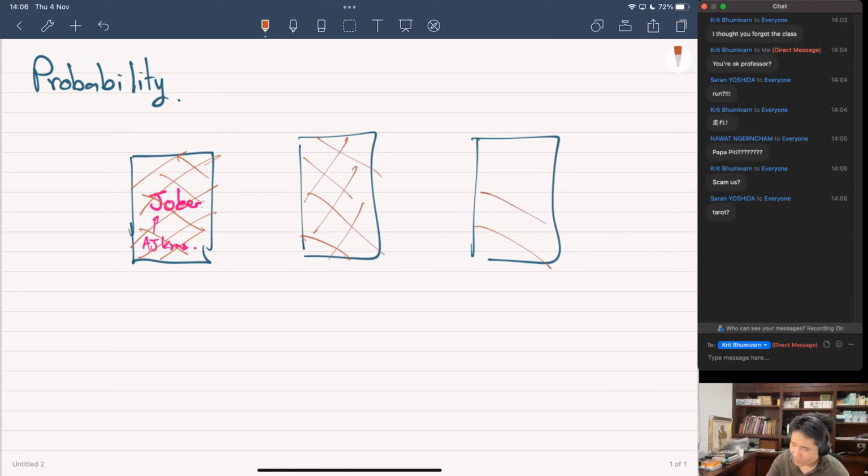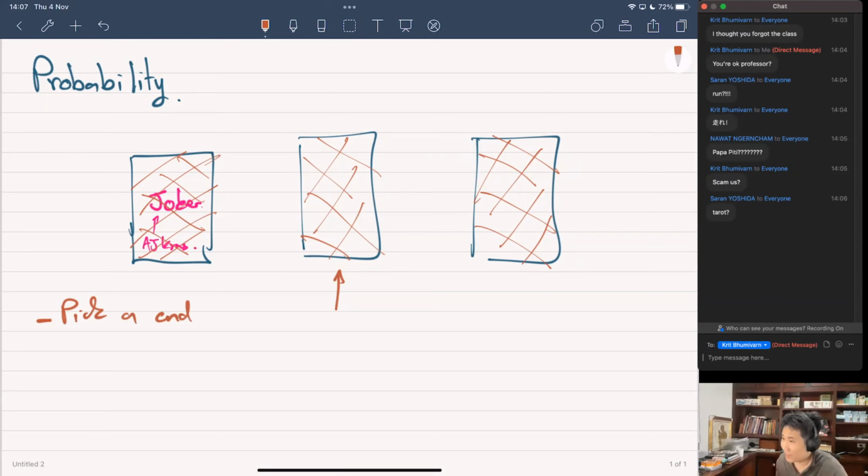And then they ask you, which one is the joker? Of course, you're gonna pick one, right? You could pick the joker right away, or you could pick a non-joker. It doesn't matter which one you pick. Let's say you pick a card.